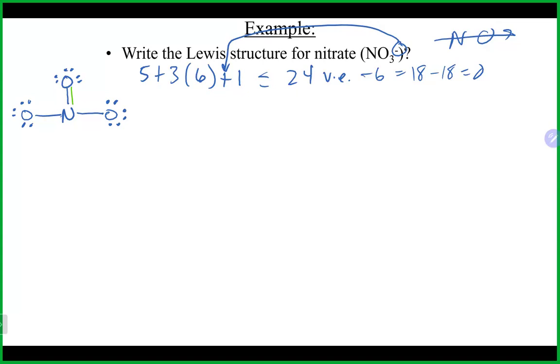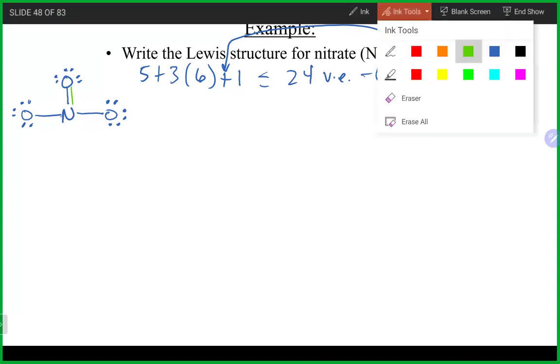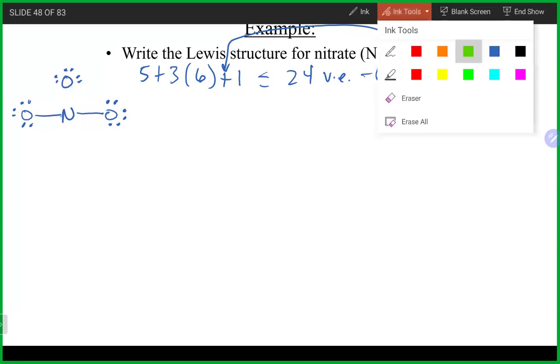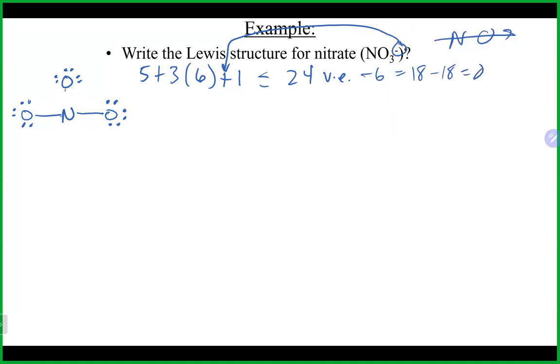So when we actually go to make a double bond, we are going to be taking a pair of electrons and bringing them in to make that double bond.